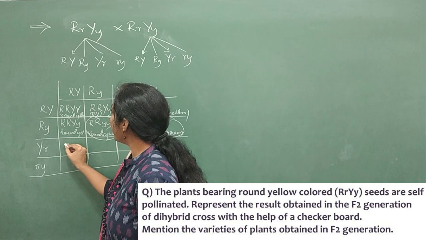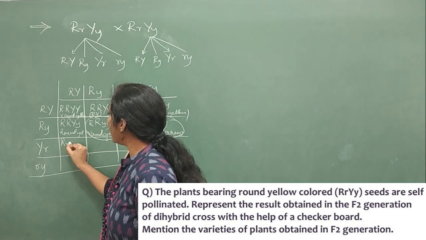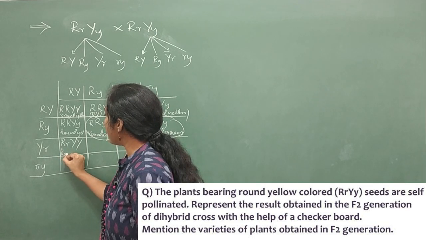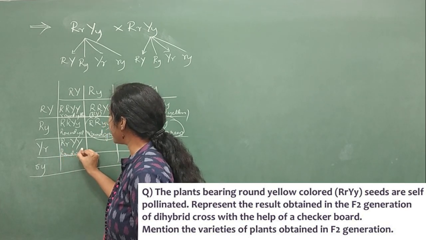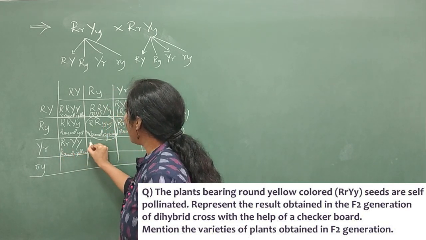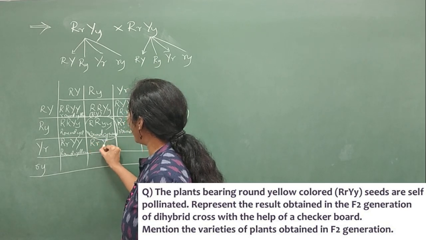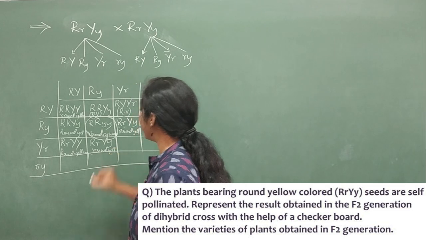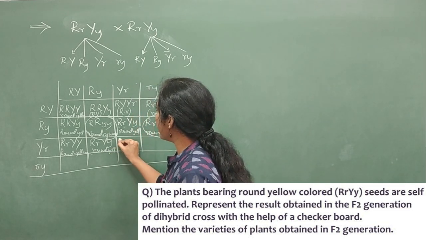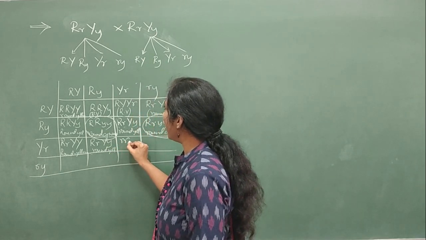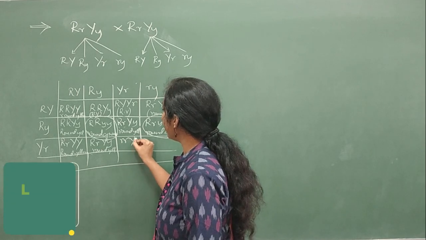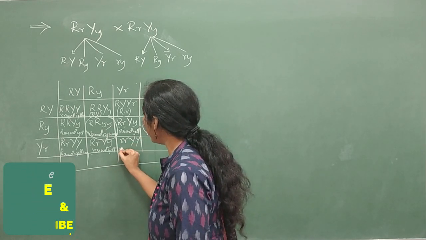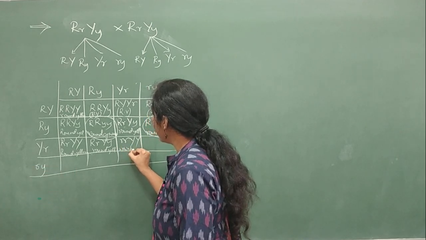And the next one would be capital R, small r, capital Y, capital Y. So this one is round yellow category itself. Next one, R, R, Y, Y. This is also round yellow category. Next one is small r, capital Y, right? So this one is wrinkled yellow category.